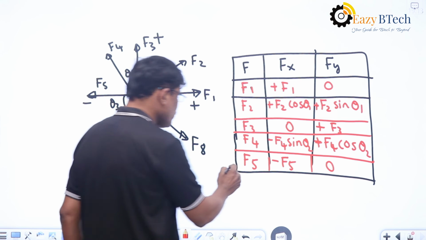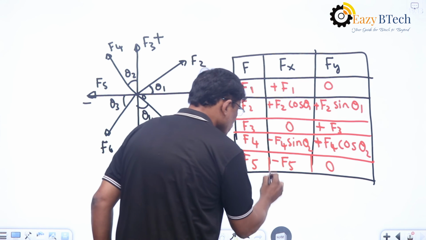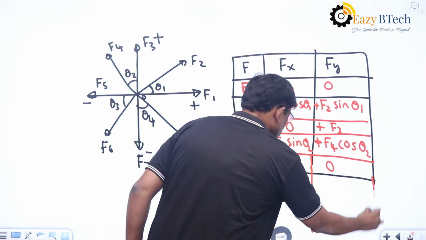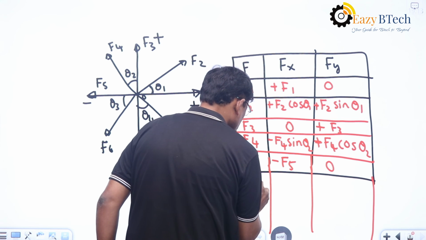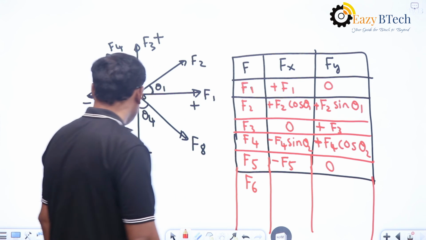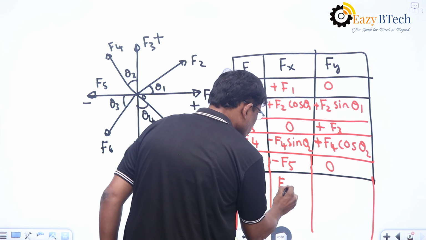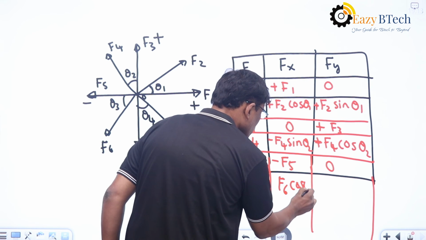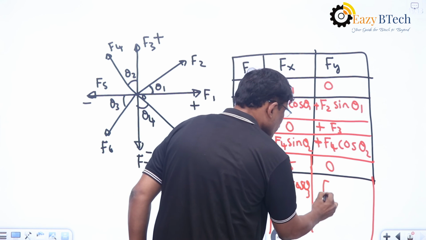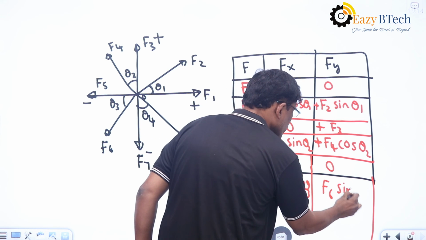And F6, so you extend this table, so F6 is making angle theta 3 with x-axis, so F6 cos theta 3, and this one is F6 sin theta 3.